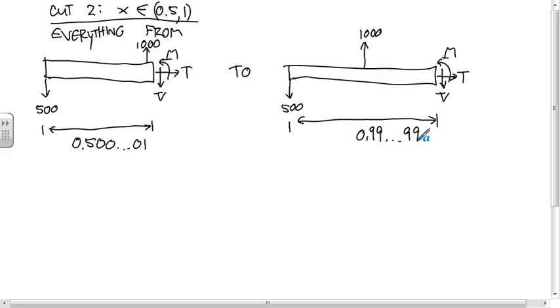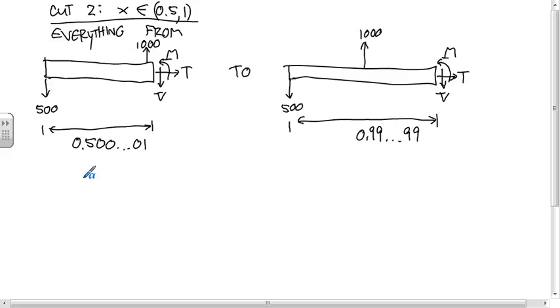So notice that both of these two things, as different as they are, have all the same features. So we can represent it with a single free body diagram that just depends on our variable x. And notice that even though x doesn't include 0, our free body still includes that left endpoint. Our free body always includes the left endpoint. Otherwise, we just wouldn't be able to calculate it.